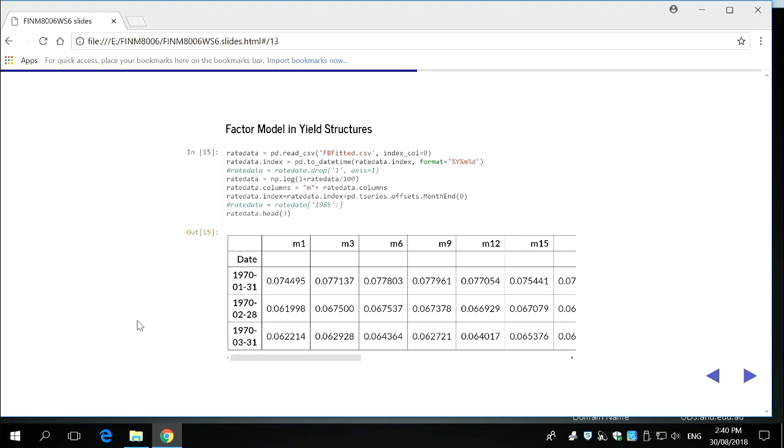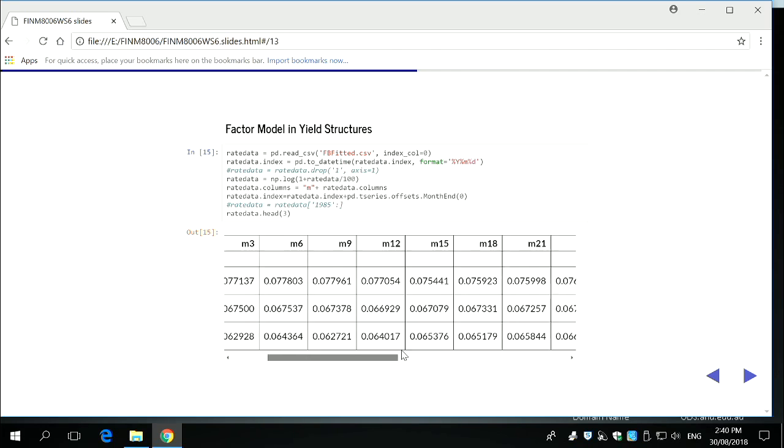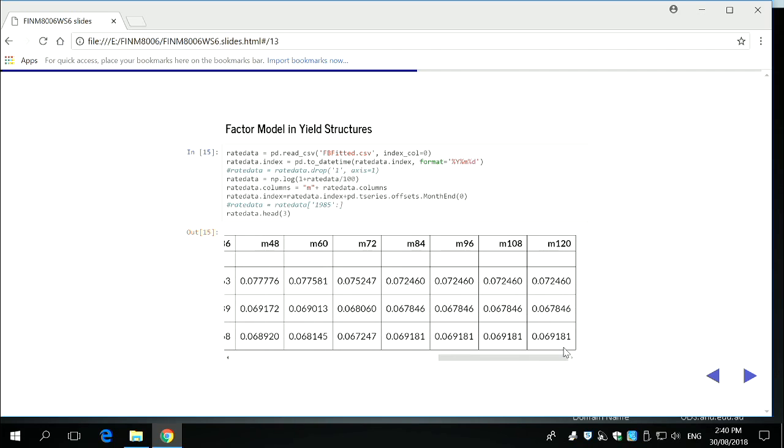Okay? So what I have here is the yield structure, or yields in different time periods and in different durations. Right, so M1, that's 1 month, 3 months, 6 months, 9 months, 12 months, etc. And up to 10 years, 120 months.